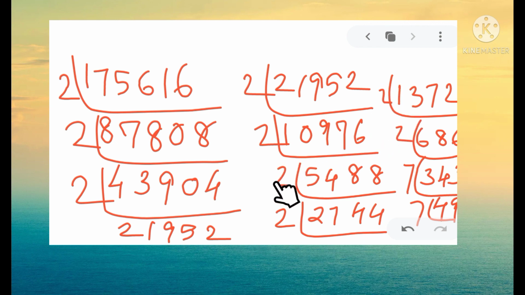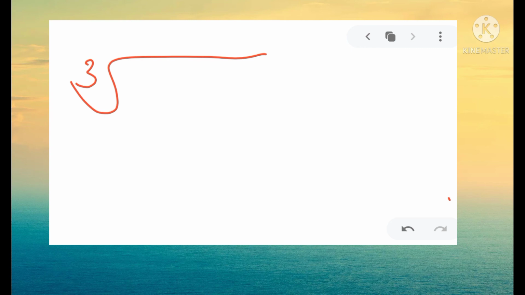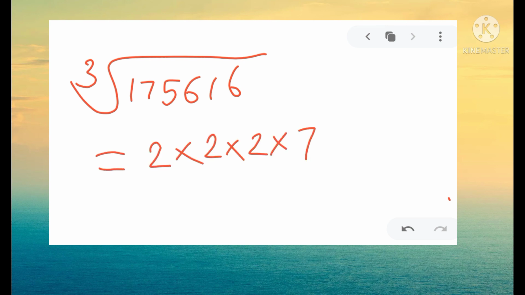That means 3 groups. In each group 3 2s and the fourth group 3 7s. So we can write the cube root of 175,616 as, from each group we can take 1 2 and the last group we can take 1 7. So the answer is 56. 8 into 7, 56.